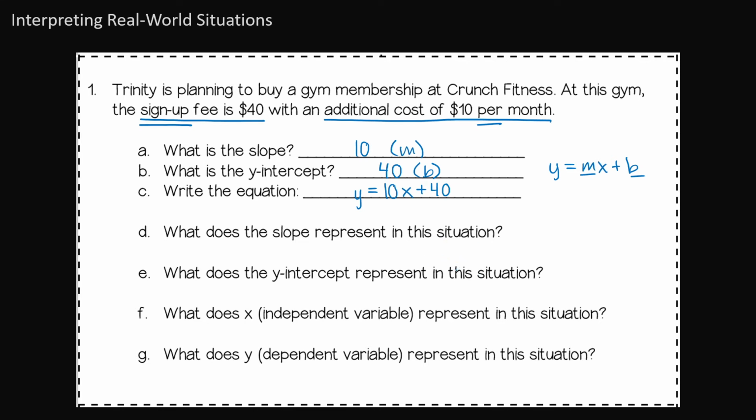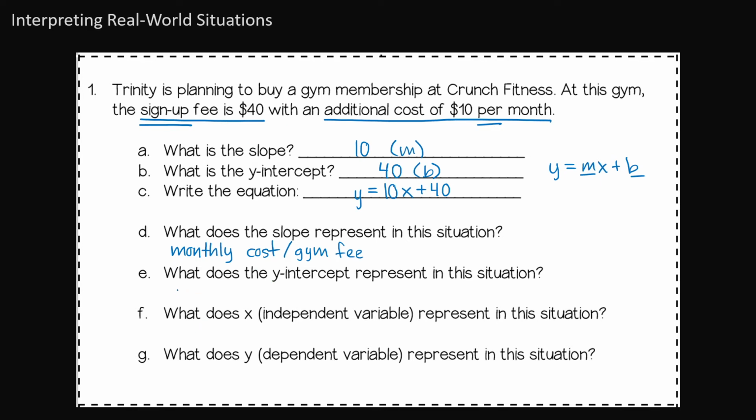So the slope in this situation represents the monthly cost. It's the monthly rate. Monthly cost or gym fee. The y-intercept represents the starting value.